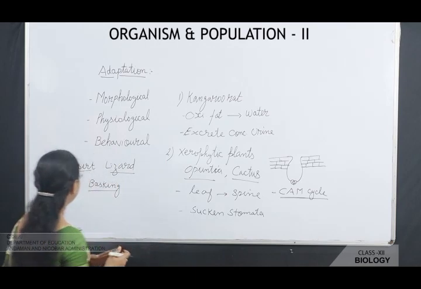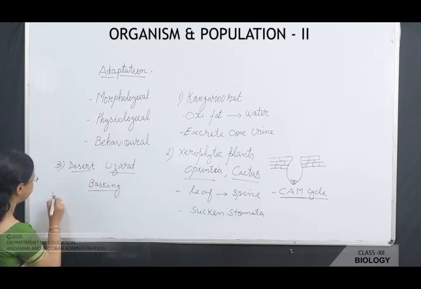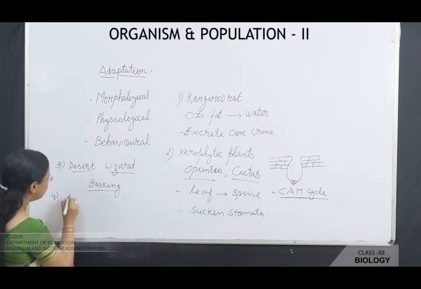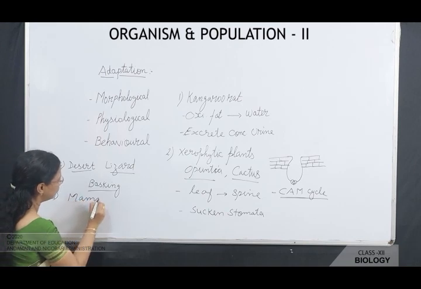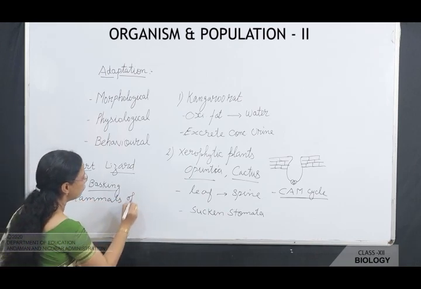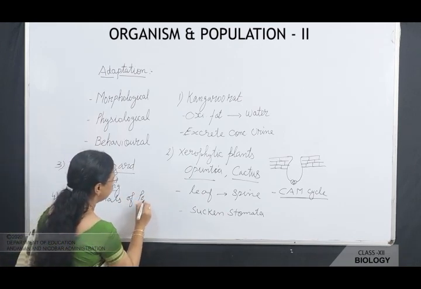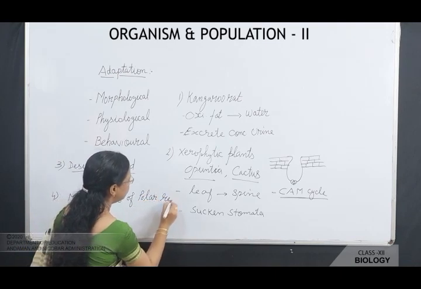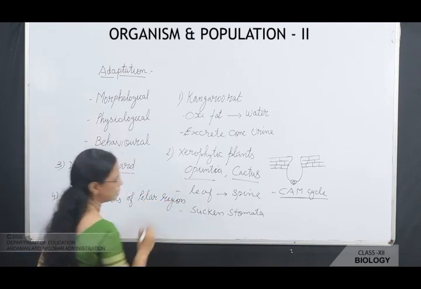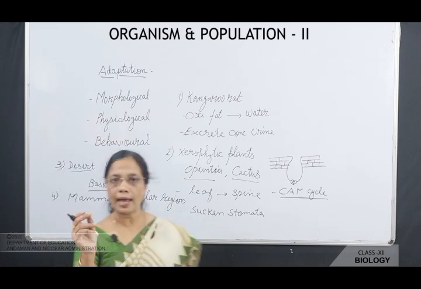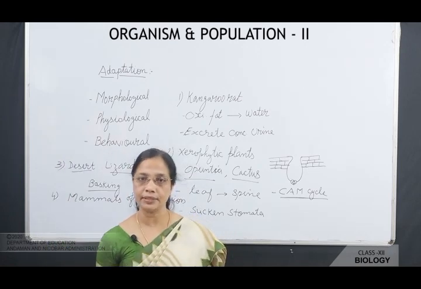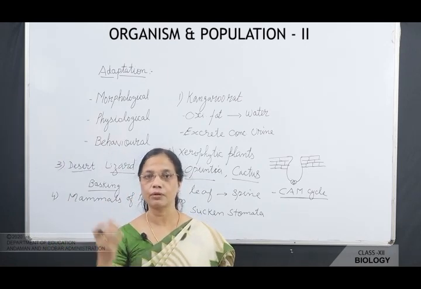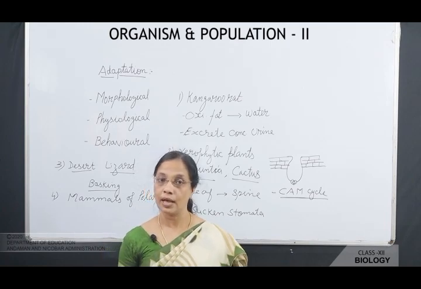Next, we'll see the fourth one, mammals of polar region. These mammals of polar regions have small appendages. What do you mean by appendages? That is the external growth like pinna, snout, arms.